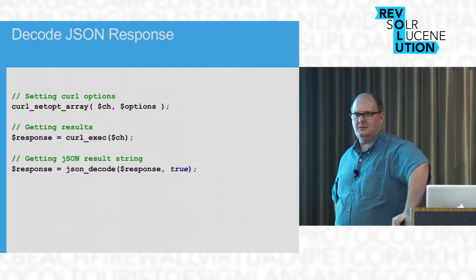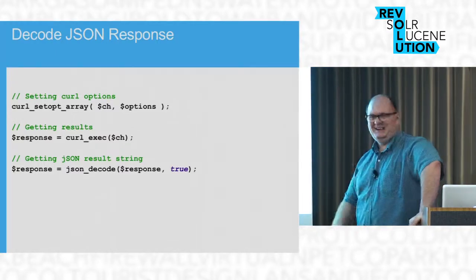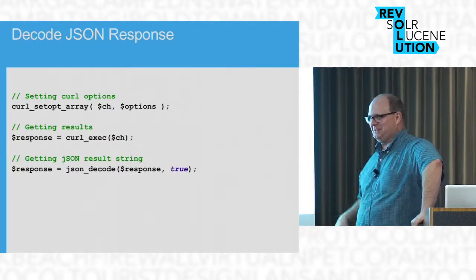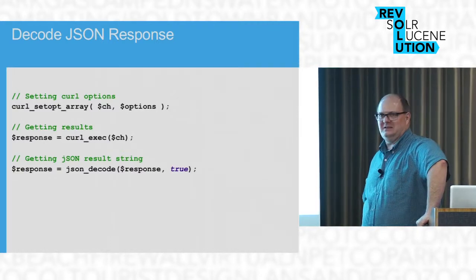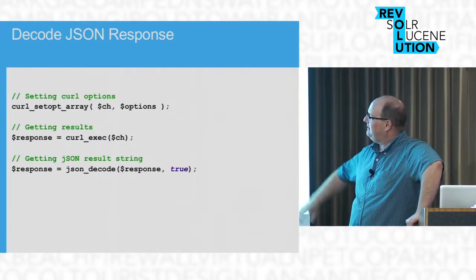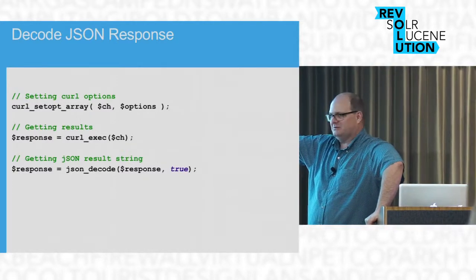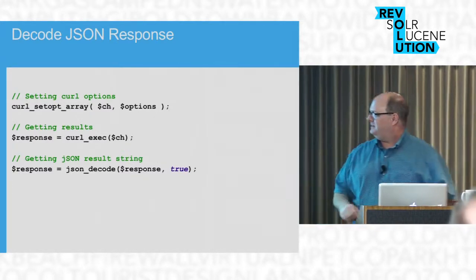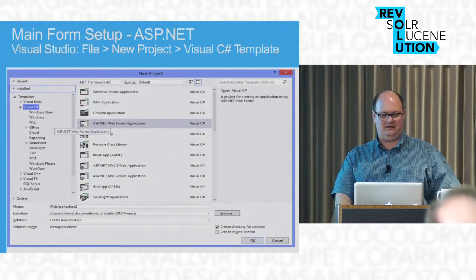How many people are PHP developers here? No? Okay. So I think I'll go through this real quick then. So curl is a handy way to decode URLs in PHP. You can retrieve the data, you get the result string from JSON, and basically decode it, and it displays it in the area below.